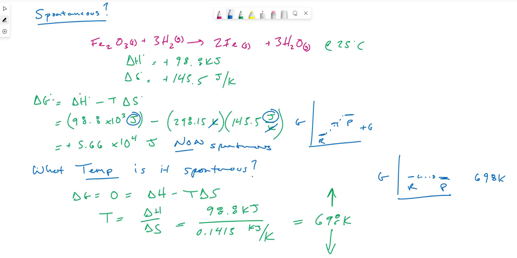Well, I go back to my expression here, delta G equals delta H minus T delta S. That means I'm increasing this value, which means that I'm increasing the overall negative quantity here, which means that this system becomes more negative. So what happens to the picture here? Well, that thing becomes negative. So what we're really doing is changing where we are in this equilibrium space, where now the reactant is above the product and there's a negative delta G.